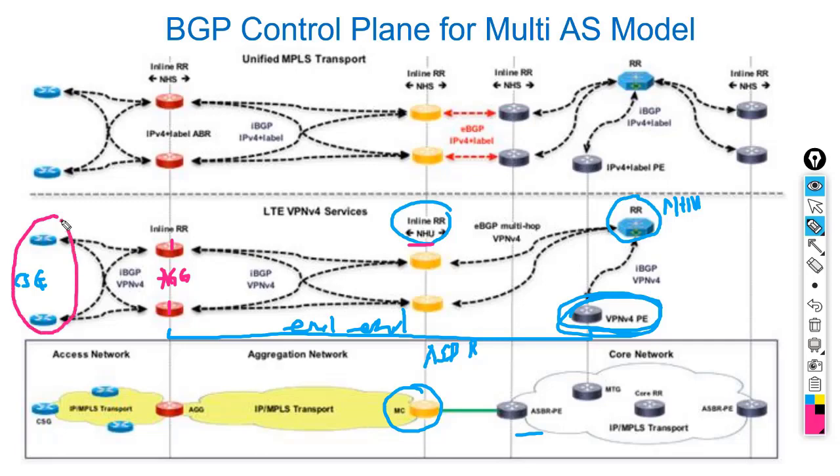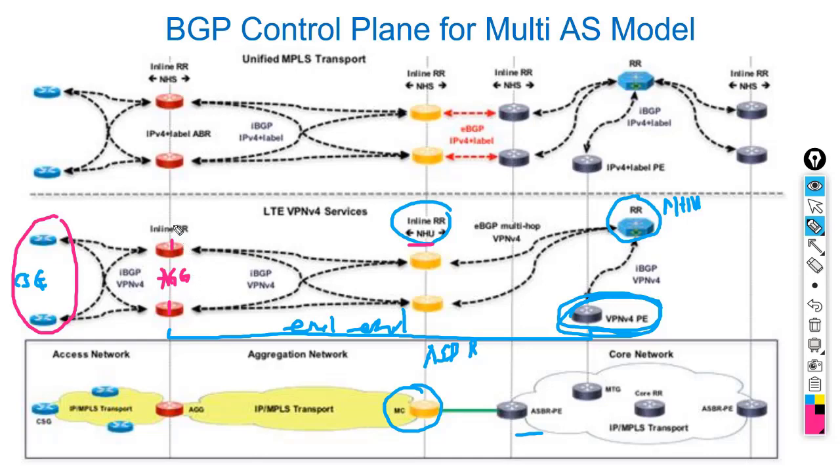because the number of CSGs is very large. If we set the next hop on the CSG, we need to advertise the loopback IP address of CSG to the core domain. So the number of prefixes that need to be advertised or processed on the core network will be a lot.